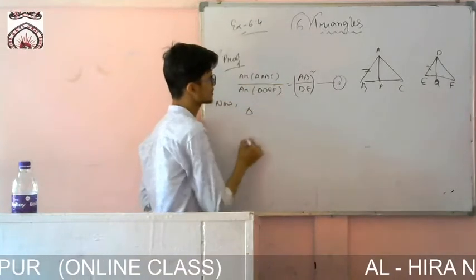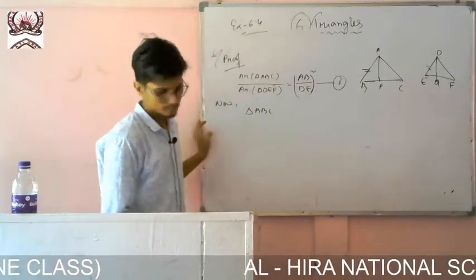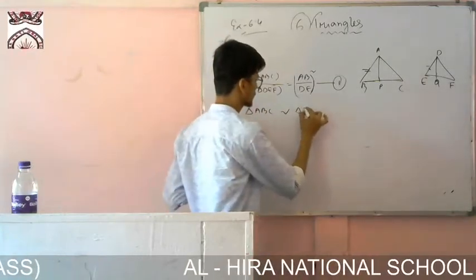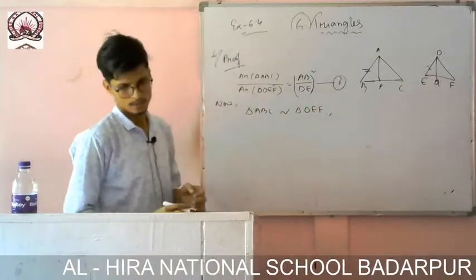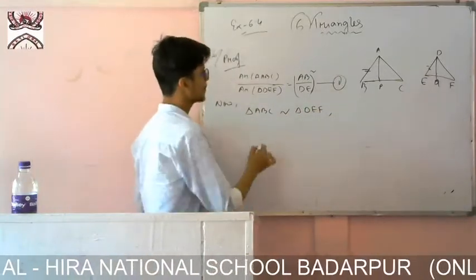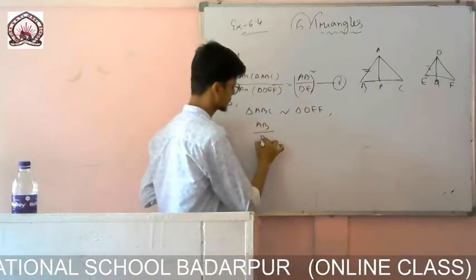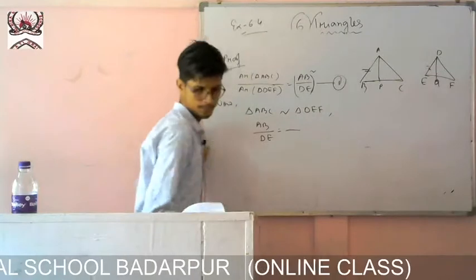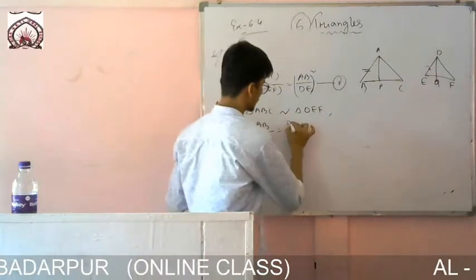Since these two triangles are similar, it is given that triangle ABC is similar to triangle DEF, so I can say that AB by DE is equal to BC by EF.